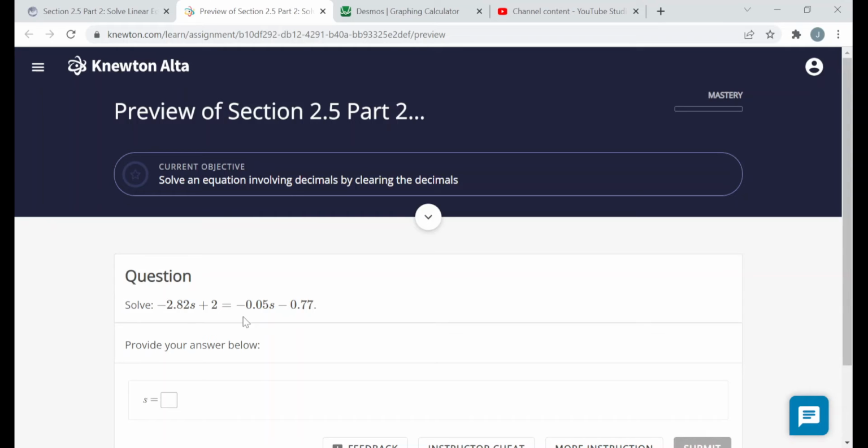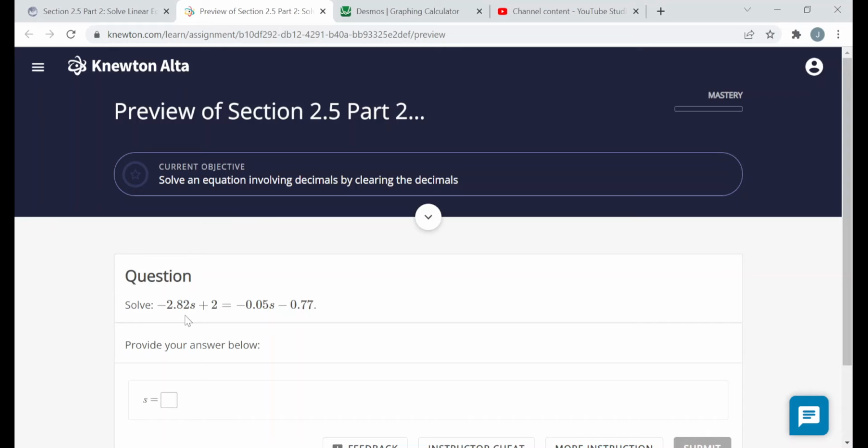And I'm hoping that you recall from some previous study that when you multiply by a power of 10, that moves the decimal point on a number to the right the same number of places as there are zeros in that power of 10. Right, so if you multiply by 10, there's only 1 zero in 10.